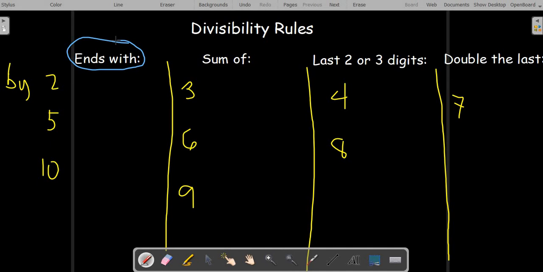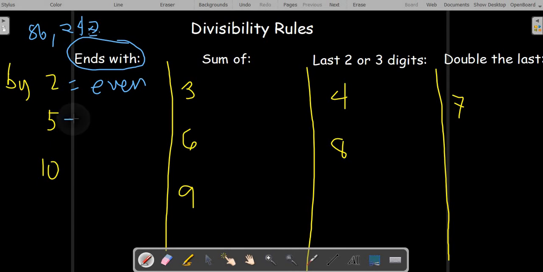If the number ends with an even digit, then automatically it is divisible by 2, like 86 and 242. They end with an even number, so they are automatically divisible by 2.